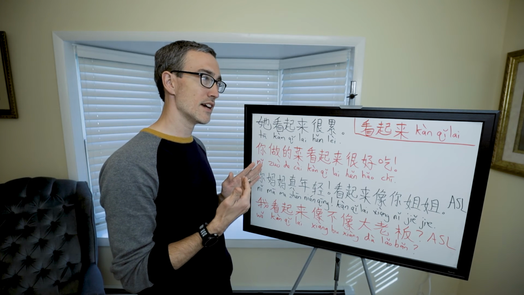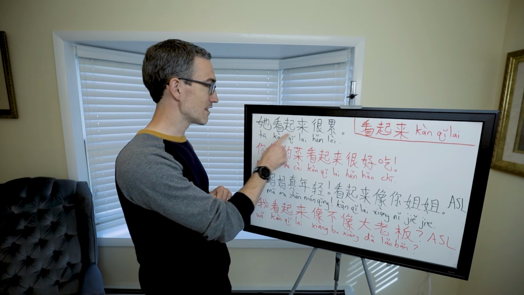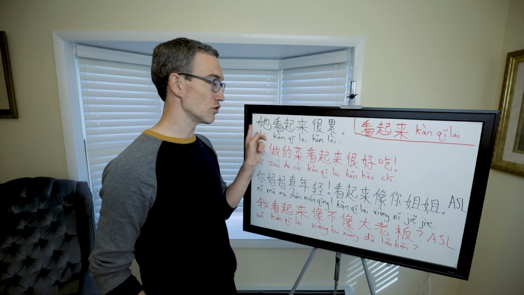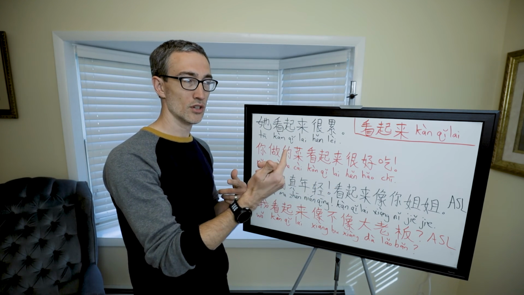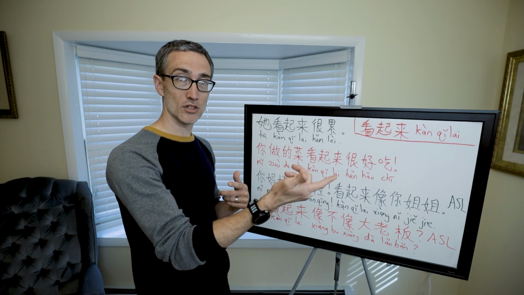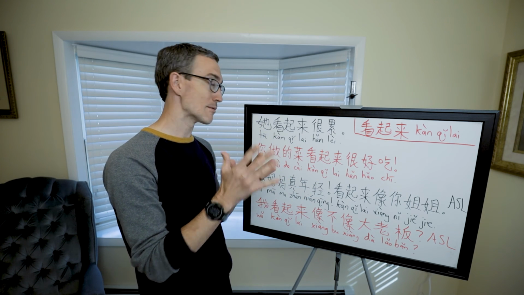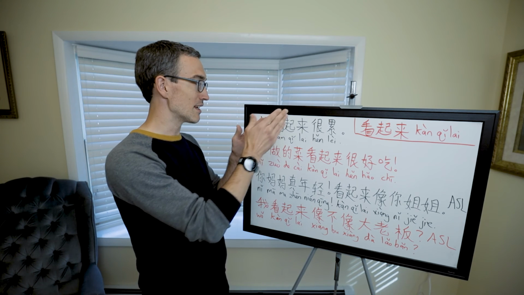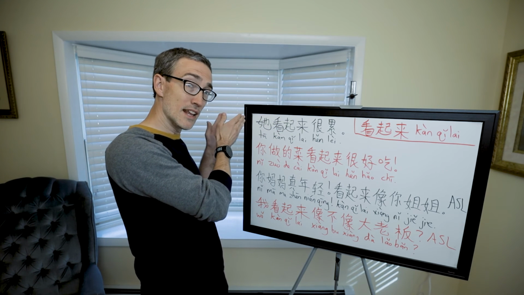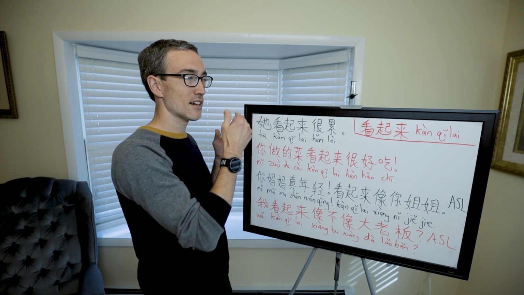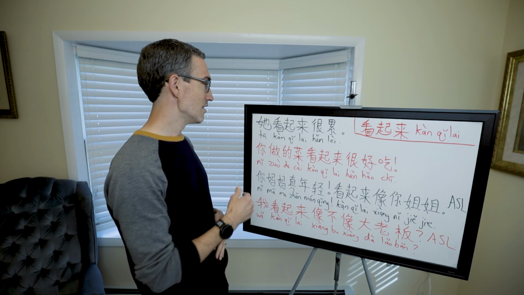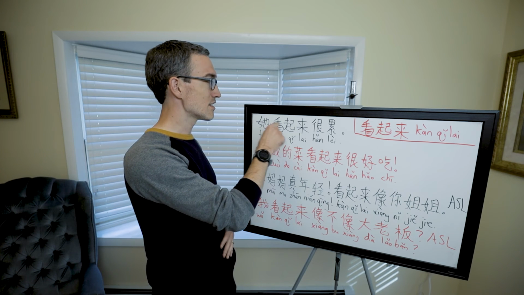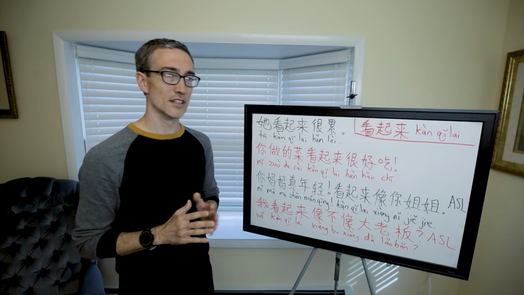It seems like you're tired. So that's a little different from saying you look tired, but it seems like you're tired, or it looks like you're tired. It's a slightly different way to say a similar thing. In Chinese, by putting the kànqilai at the beginning, you can say 看起来你很累. It looks like you're very tired, rather than 你看起来很累. Does that make sense? The difference there.